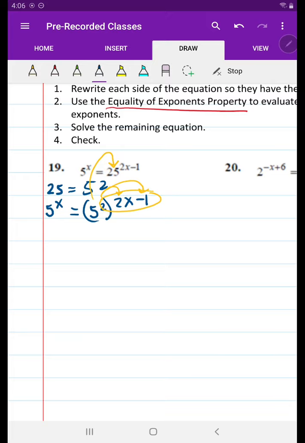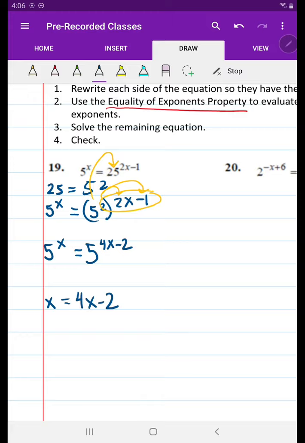We'll still have 5 to the x on the left, and if we distribute that 2, we'll have 5 to the 4x minus 2. Now we have a base of 5 on either side, so we can write an equation without those bases of 5. My new equation is x equals 4x minus 2.